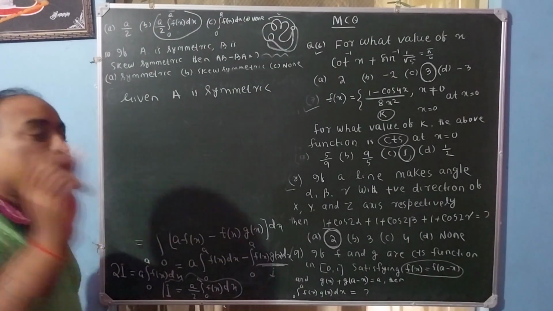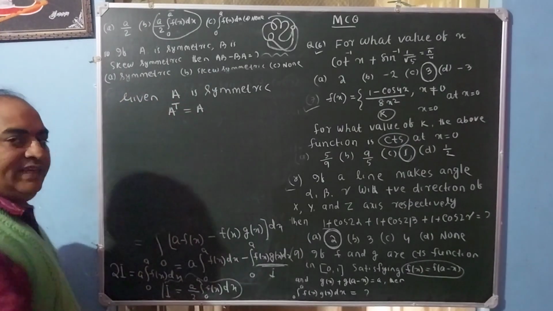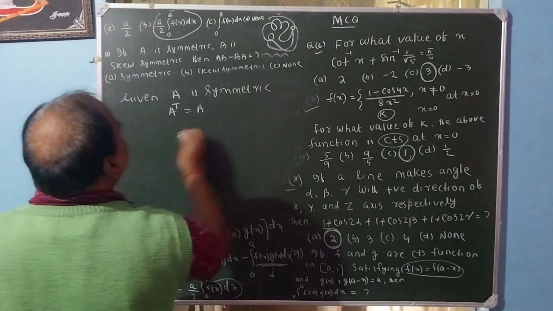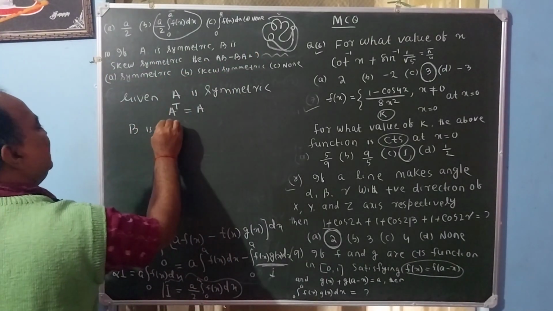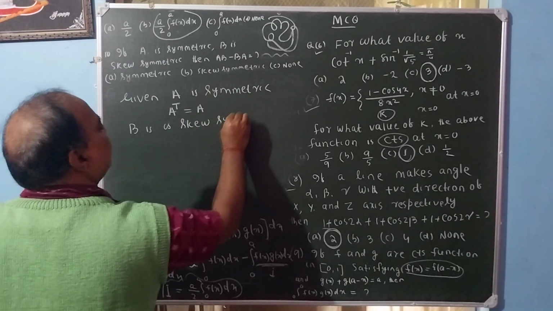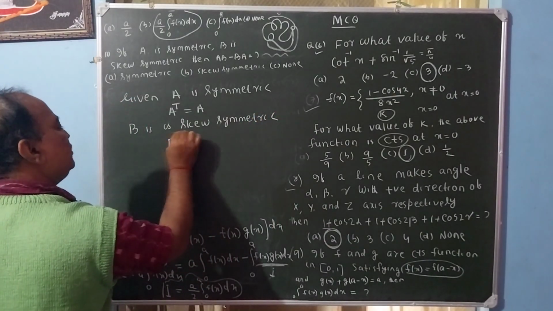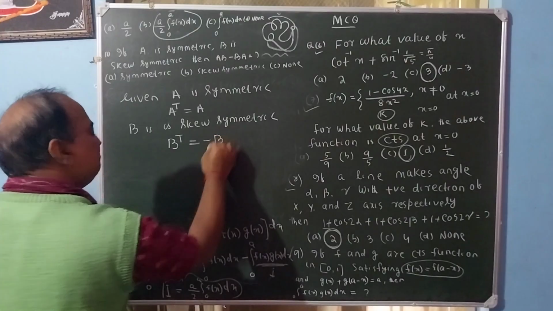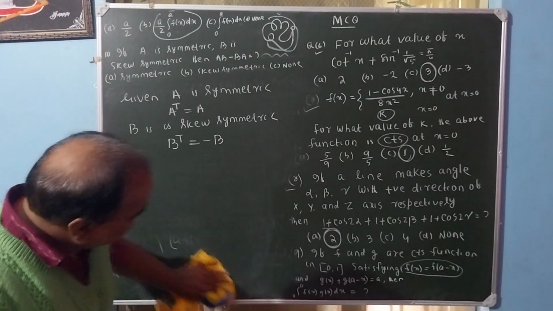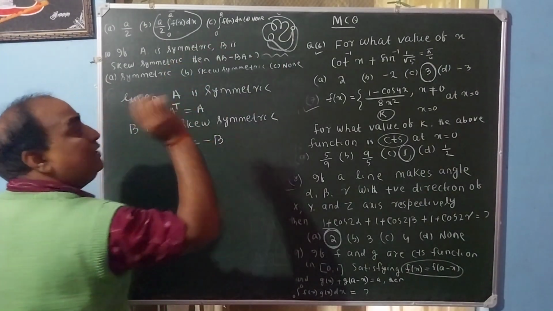Symmetric means A transpose is equal to A, by definition. B is skew symmetric, so B transpose is equal to minus B. Our aim is to find the value of AB minus BA.